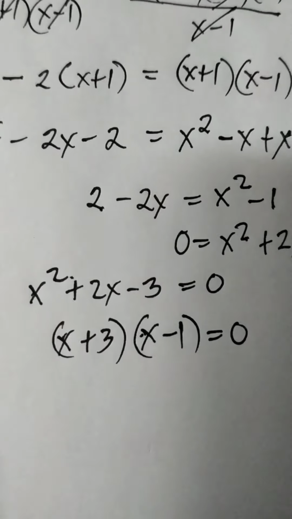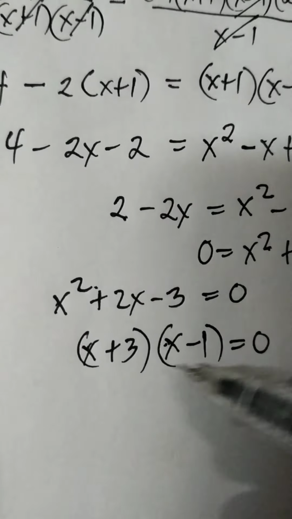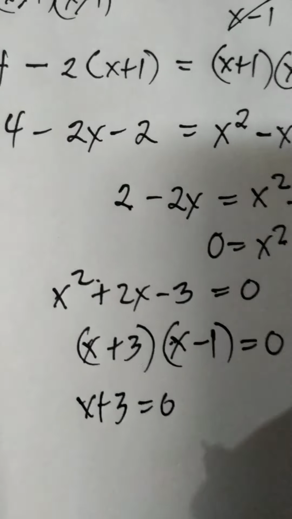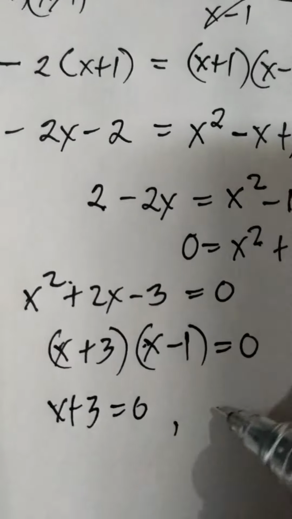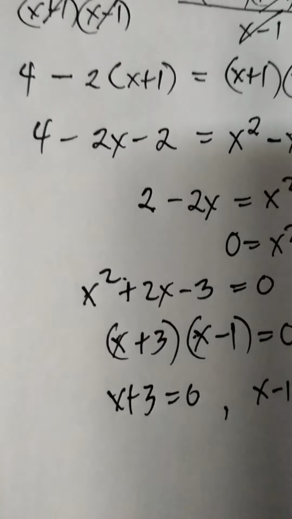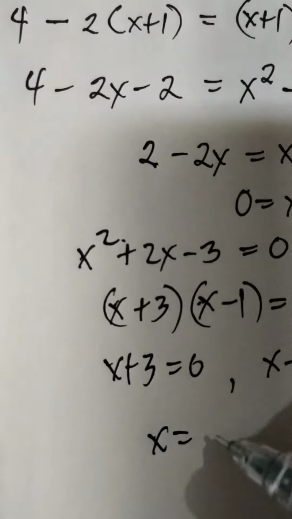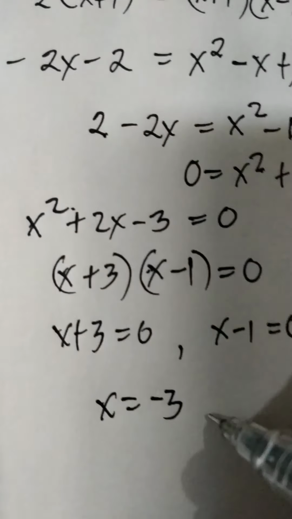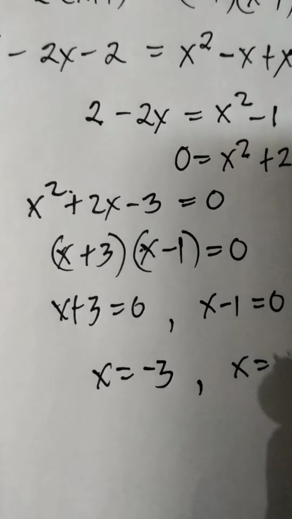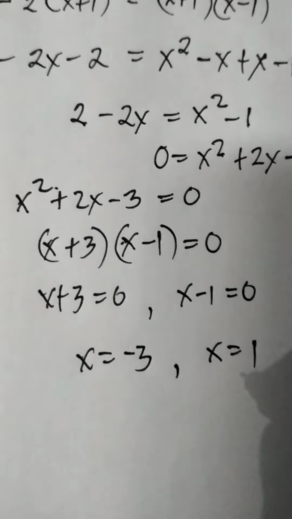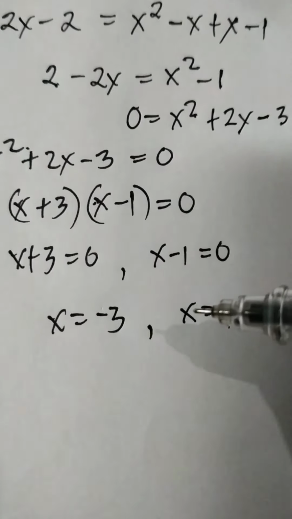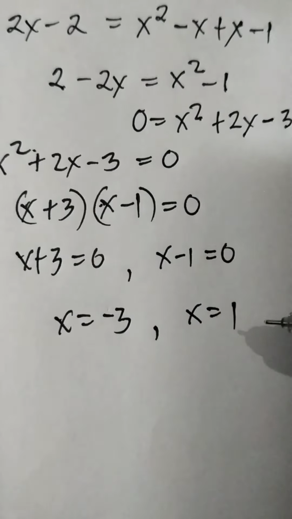Set both of them to 0. We'll have x plus 3 is equal to 0, then x minus 1 is equal to 0. Therefore, x equal to negative 3, and x equal to positive 1. So, we have two values of x, negative 3 and 1.